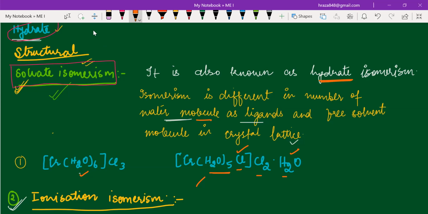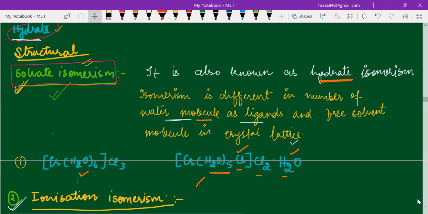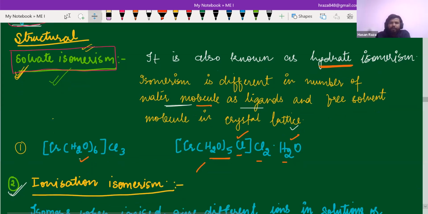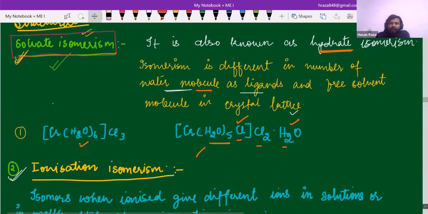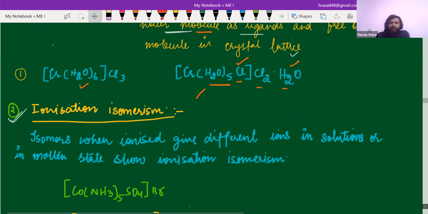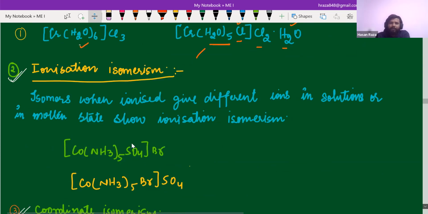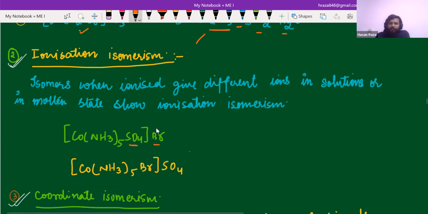Yes, sir. Now, ionization isomerism and hydrate isomerism are almost the same. The only difference is that if you exchange with water, it is solvent or hydrate isomerism. And if you exchange with something other than water, as you can see with SO4 and Br, that is known as ionization isomerism. So I think it's easy, right?